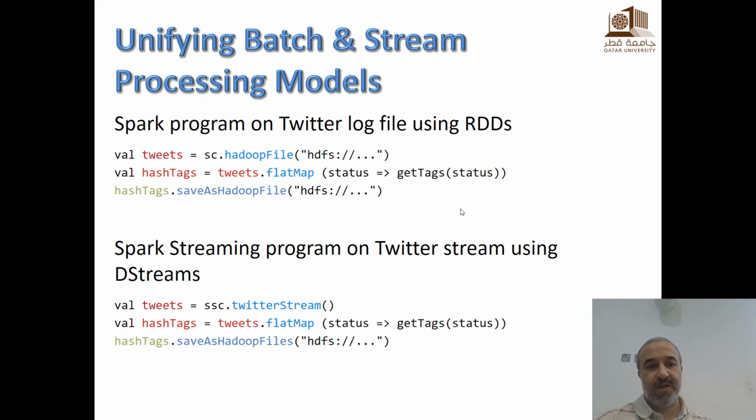Okay, all in one. If you look at these two pieces of code, one is using Spark Core to read from Twitter log files, and the other, very similar, is getting the tweets from Twitter stream.